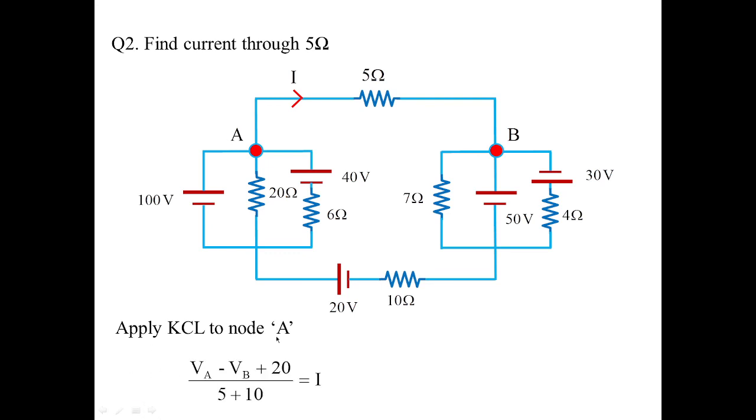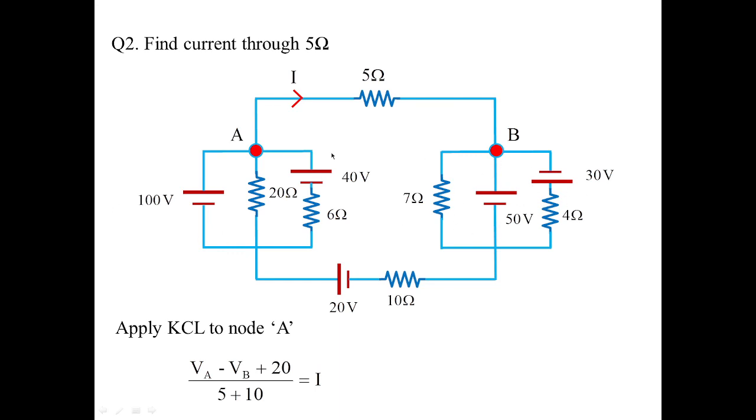Applying KCL to node A, in fact, node A voltage is equal to 100 volts. Since we are going to apply KCL, VA minus VB applies to this series circuit, where 20 is also connected, and the upper plate is the least dominating point of node A. So plus 20 divided by... you can see the voltages we have taken over here, so no need of concentrating on the rest of the resistors and the voltage sources.